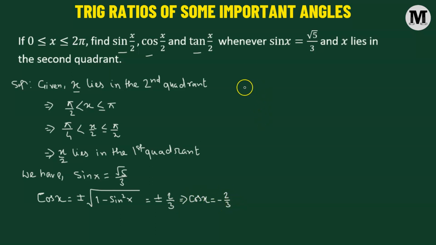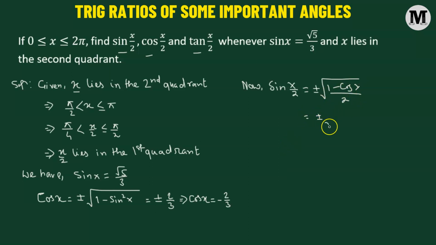Okay, so let us begin. Now we will try to find out the value of sine of x over 2. Sine of x over 2 has a standard formula given by plus or minus the square root of (1 minus cosine of angle x) divided by 2. So now that we have the value of cosine of x, we can substitute here.